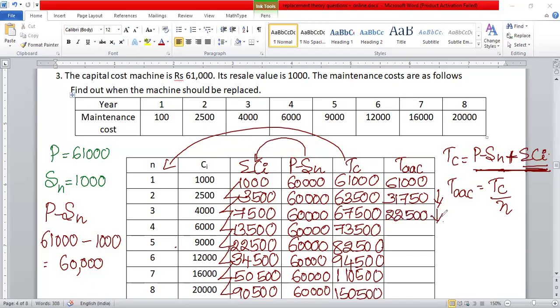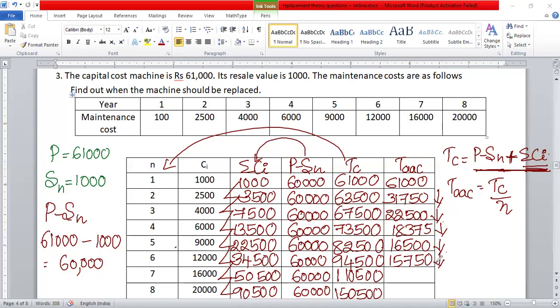Again decreases. 73,500 divided by 4, so 18,375. Again decreases. 82,500 divided by 5, so 16,500. Again decreases. 94,500 divided by 6, so 15,750. Again decreases.